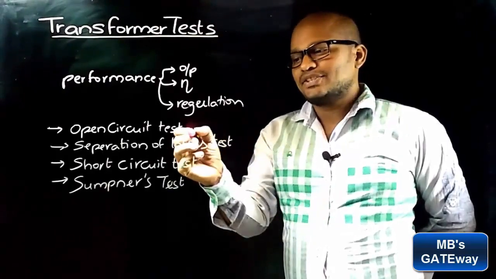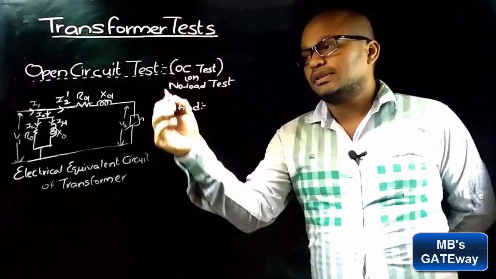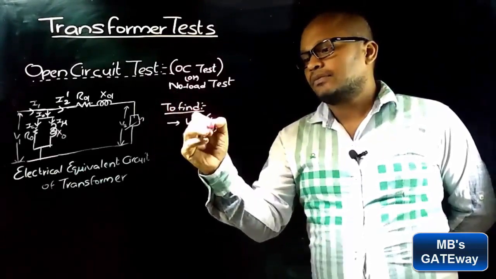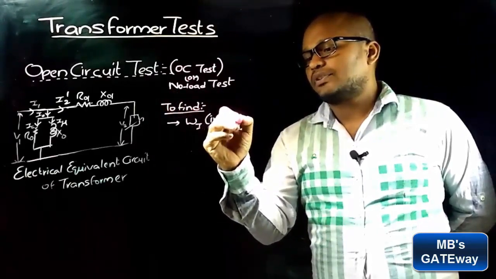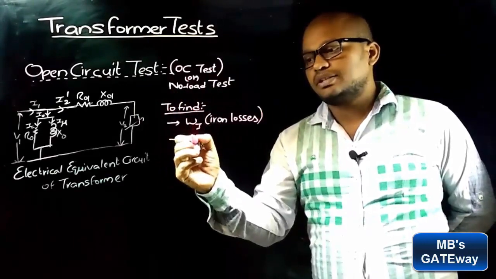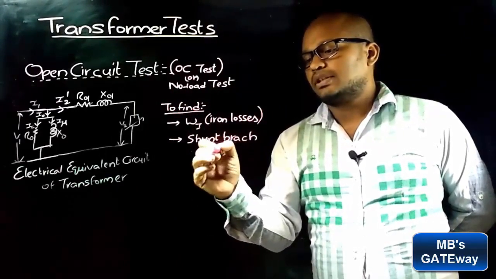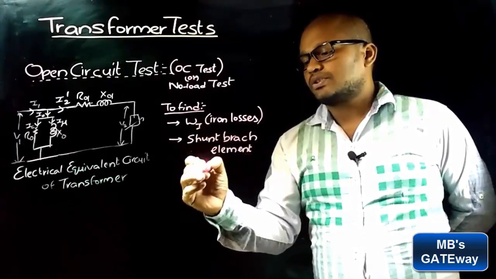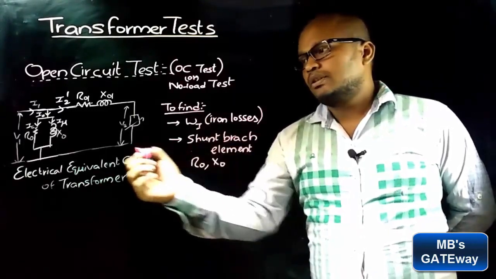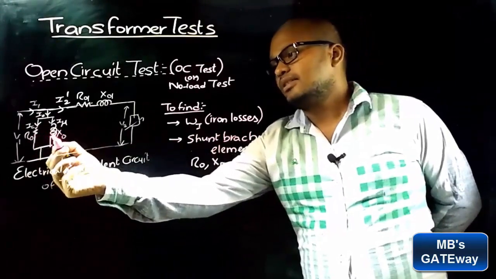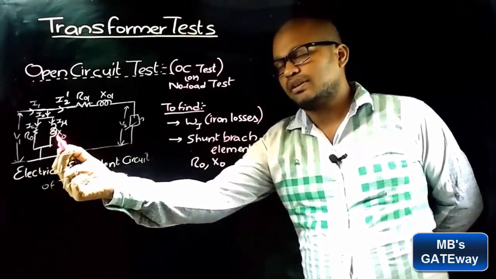Now let's discuss open circuit test. This test is performed to find the iron losses of a transformer and the shunt branch elements R0 and X0. This is the electrical equivalent circuit of the transformer and these are the shunt branch elements R0 and X0.